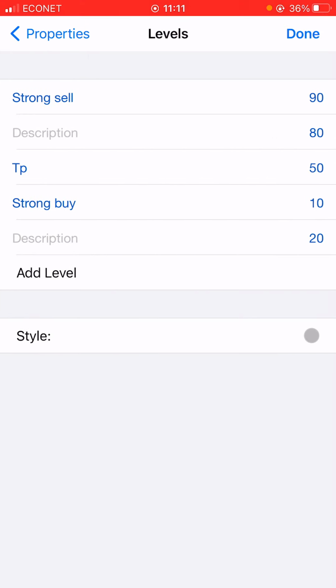So we're going to have level 90, level 80, level 50, level 10, and level 20. So you can copy just as it is: strong sell for level 90, take profit or TP for level 50, strong buy for level 10, and then I'm going to click done.